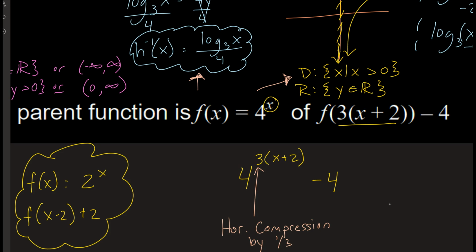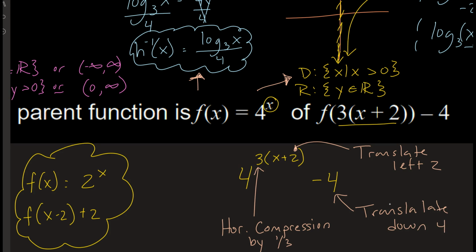What does the 2 do? It goes left. Translated left 2. And what does the -4 do? Down 4. Translate down 4.